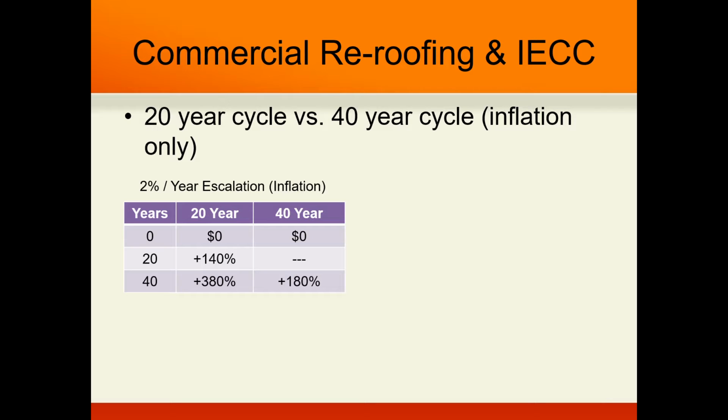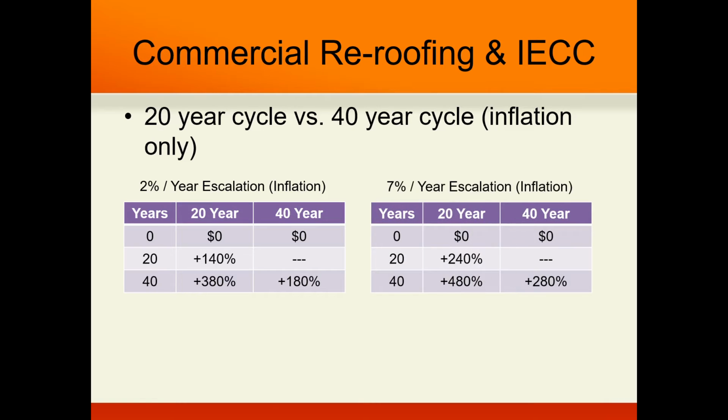However, if that same system goes in and it has a 40-year life, well, as you can see, 20 points per 20 years, we get 180 points plus the base cycle on that. Now, that shows a huge break.